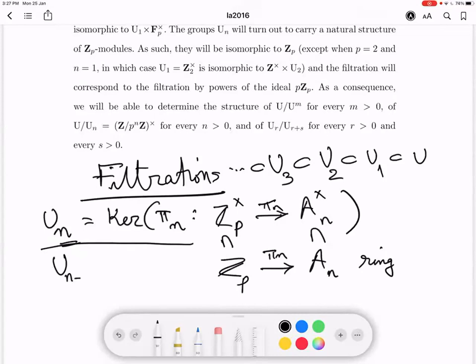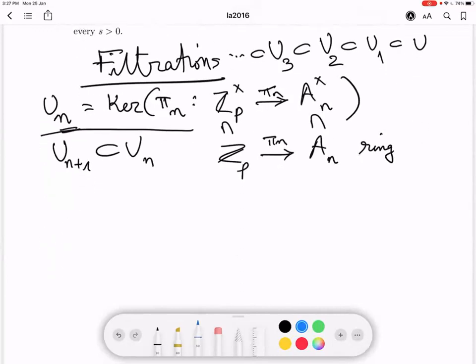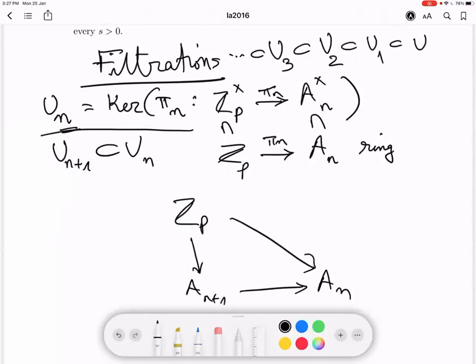Now, why is Un plus 1 contained in Un? That's because I have Zp here, A(n+1) here, and An here, with the maps pi n and pi (n+1), and the connecting map called Fn or something.